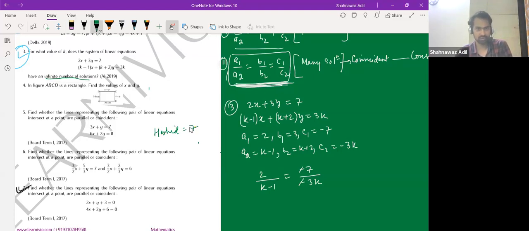Okay, so what about the rest of you? K equals 7, yes sir. Shaima is also getting 7. Abir is also getting 7. Okay, good.